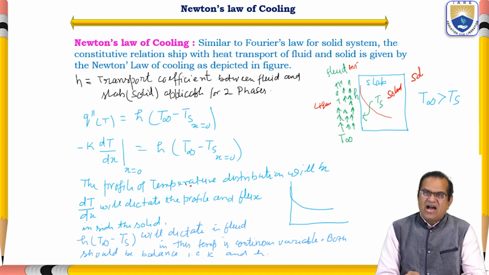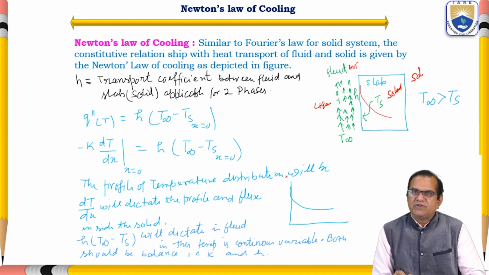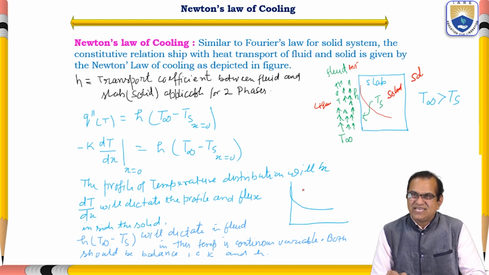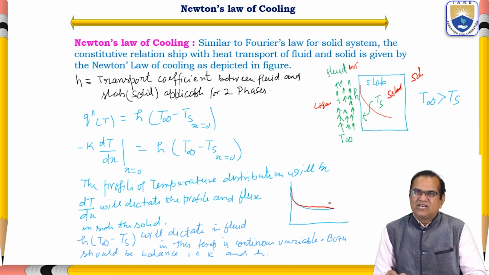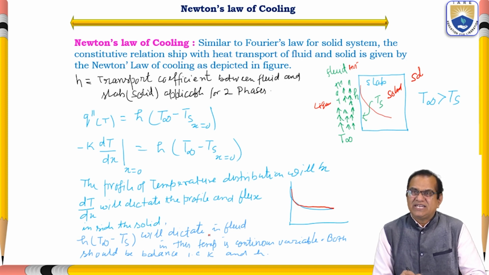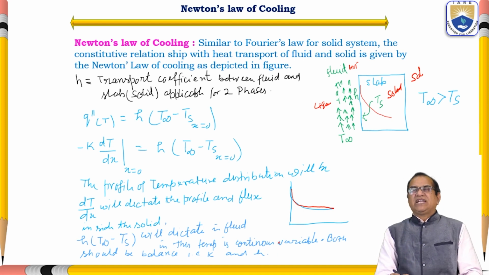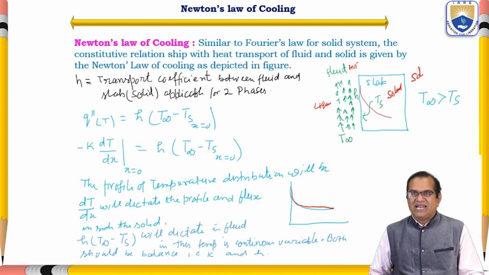The profile of the temperature distribution will be dictated by dT by dx and the flux. You can see the profile of the flux will be like this in the solid. Here H times T infinity minus Ts will dictate in the fluid. In this, temperature is a continuous variable. Both should be balanced, that is K and H. So in this condition both things have to be balanced.